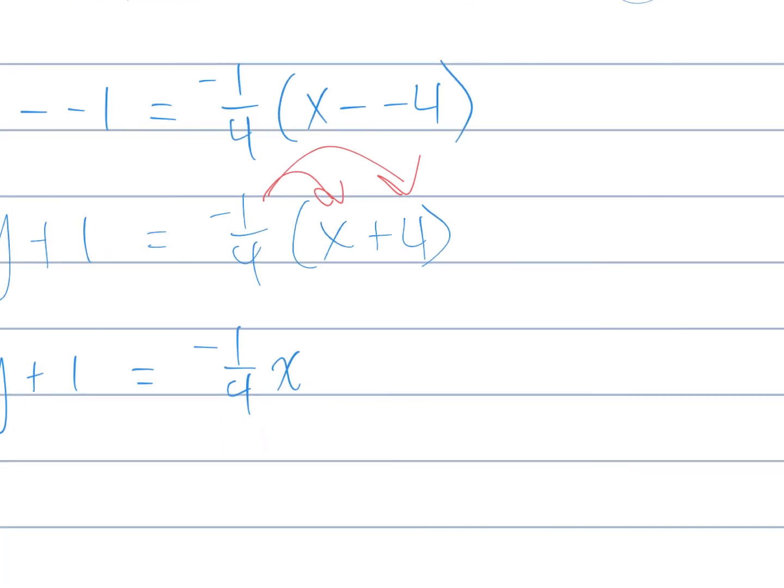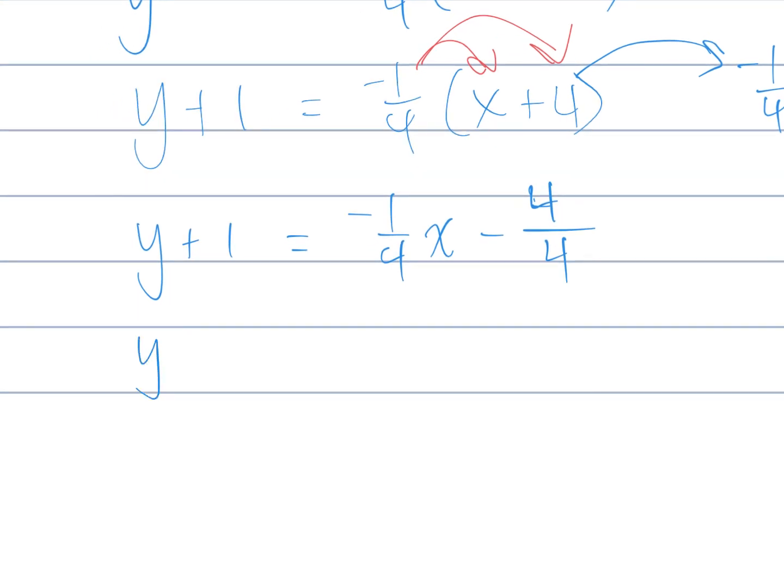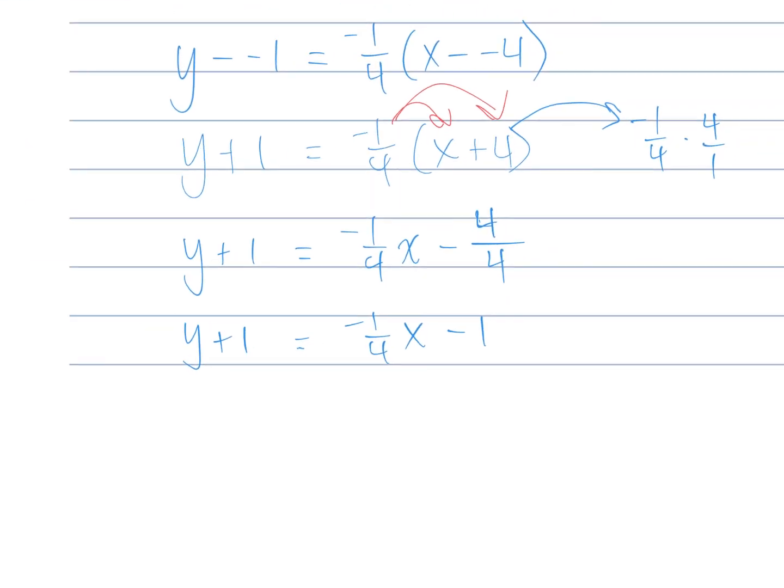And then this one, yes, it would be -1/4 times 4/1. -1 times 4 gives me -4 over 4. What's 4 divided by 4? 1. So it's y plus 1 equals -1/4 x minus 1.